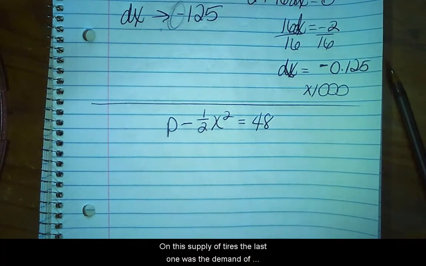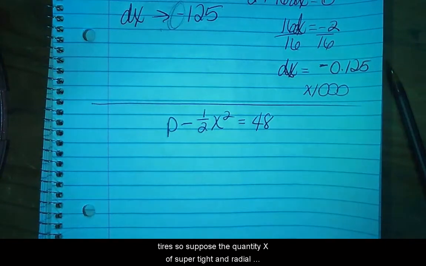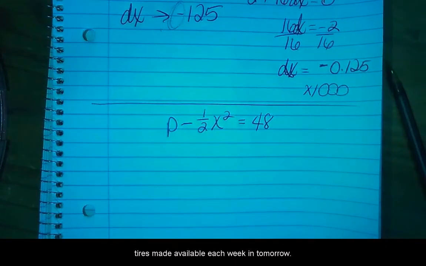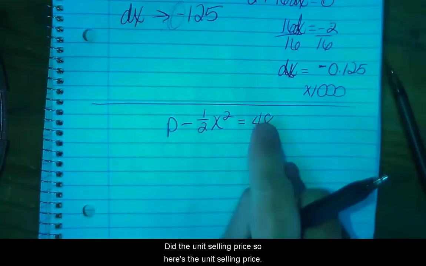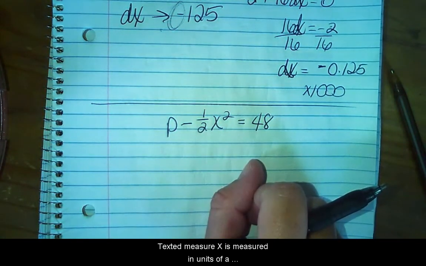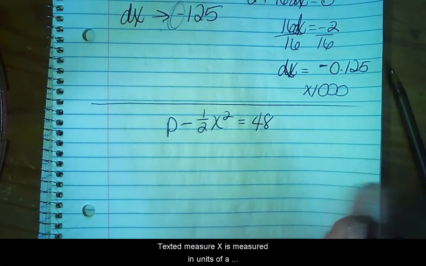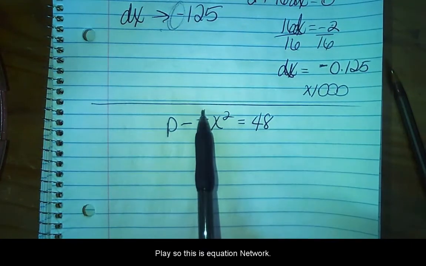The last one was the demand of tires. So suppose the quantity X of Super Titan radial tires made available each week in the marketplace is related to the unit selling price. So here's the unit selling price, here's the quantity made available. X is measured in units of 1,000. P is in dollars. So this is the equation that we're given.